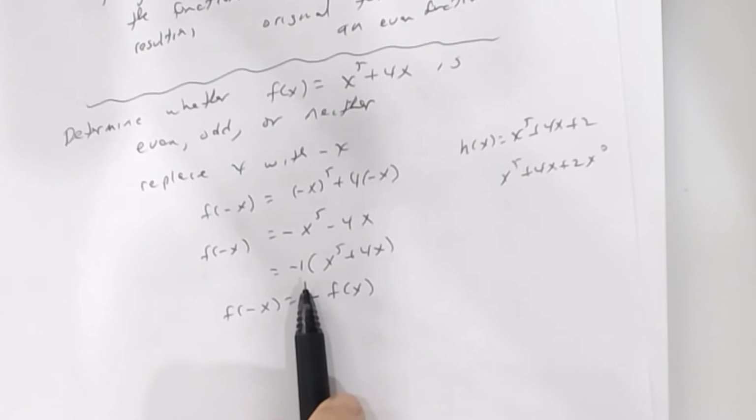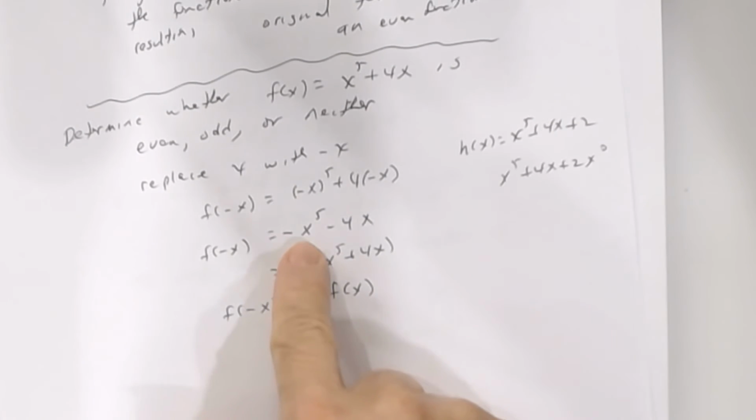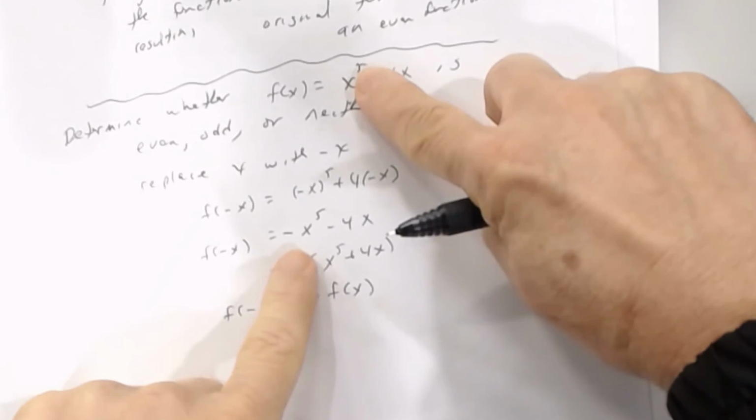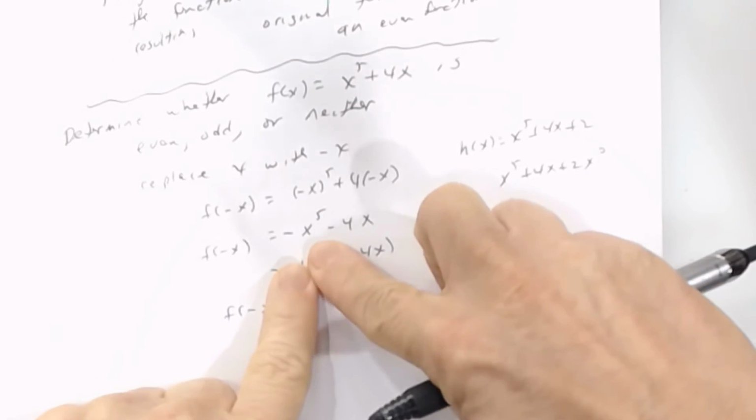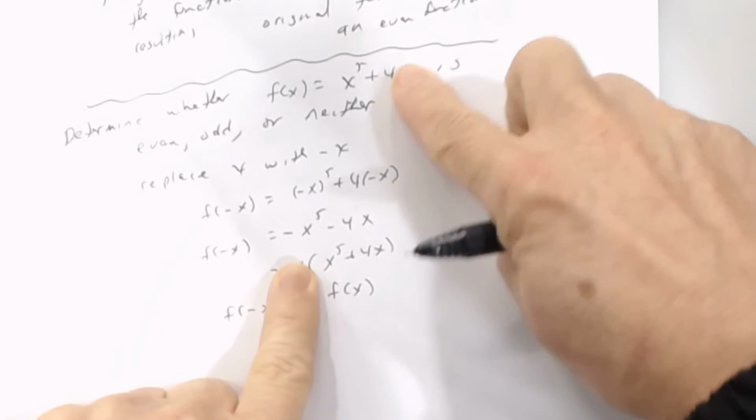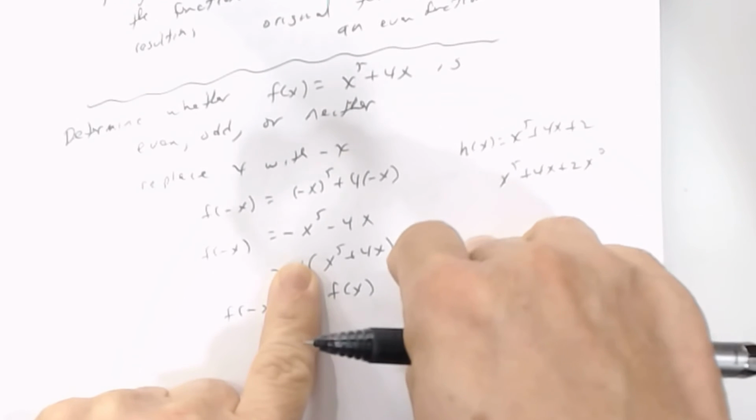So remember that if it was even, replacing x with negative x, every term is identical. If it's odd, replacing x with negative x, what do you notice about every term? X to the fifth became what? Negative x to the fifth. Positive 4x became negative 4x. So every term, the sign change is what I'm trying to get you to say.